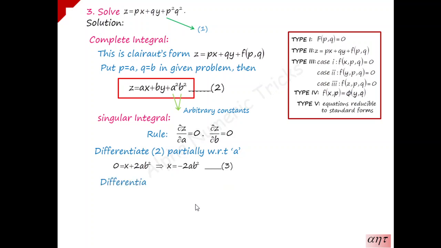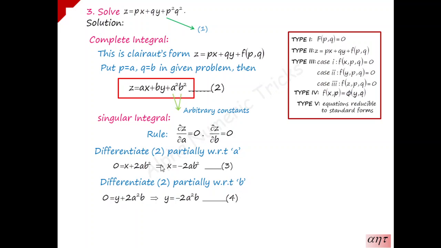Now differentiate equation 2, the complete integral, partially with respect to the other arbitrary constant b. Dou z by dou b is equated to 0 using this rule. So 0 is equal to the differentiation of ax with respect to b, which becomes 0 because ax is constant, plus the differentiation of by with respect to b, which is y alone because y is constant and the differentiation of b with respect to b is 1, plus the differentiation of a squared b squared with respect to b.